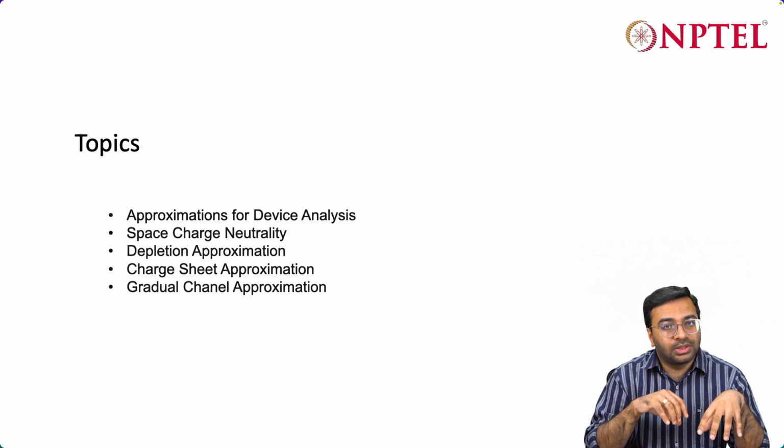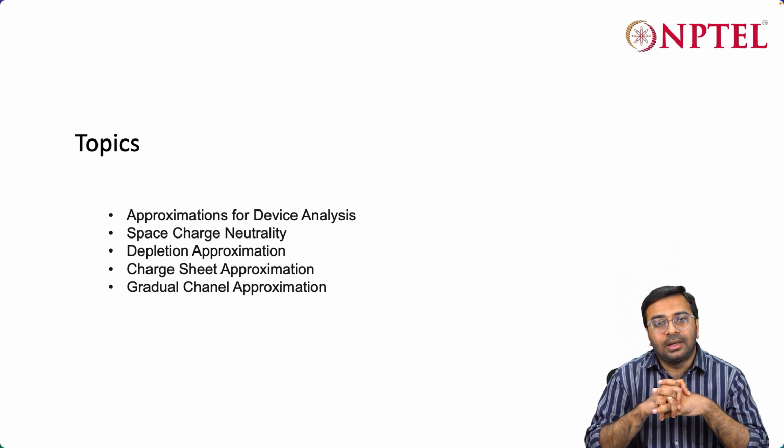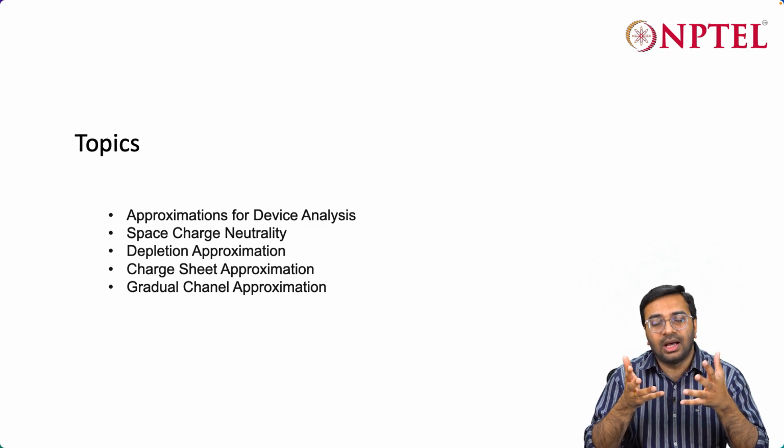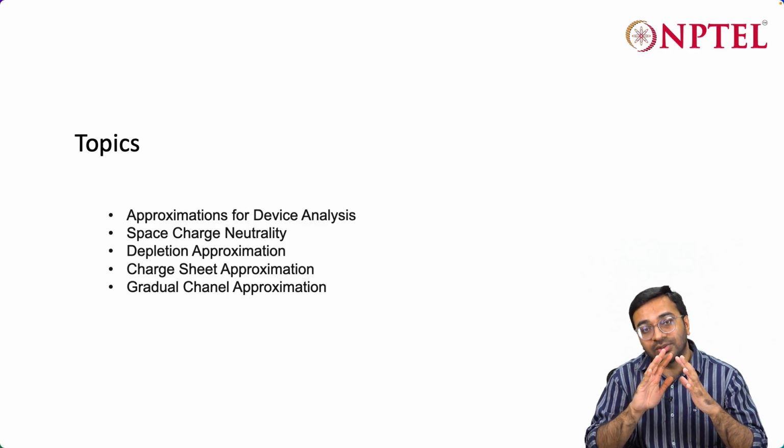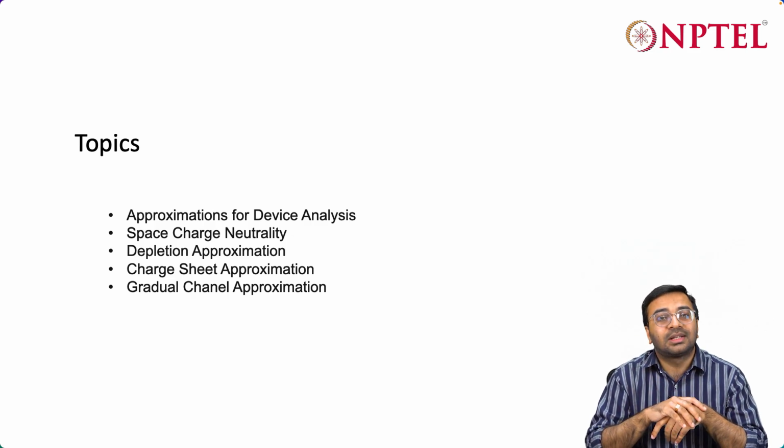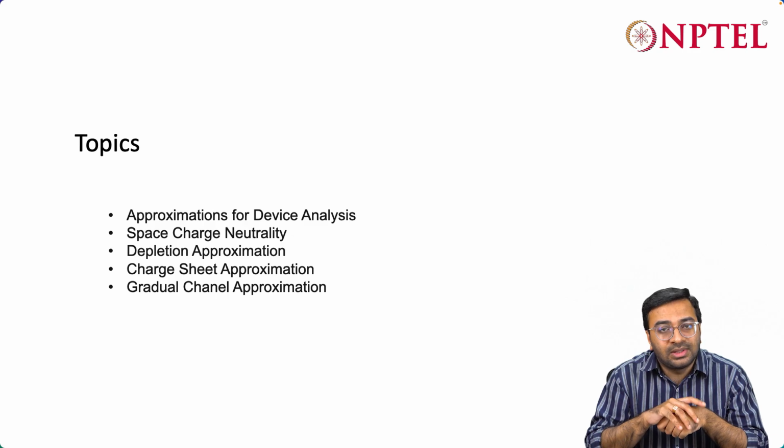So all these approximations will be discussed in this particular lecture, and we will learn how these approximations are taken into consideration, why they are taken into consideration, and when they should be taken into consideration. So with this, let us start the lecture and see each of these topics one after another.